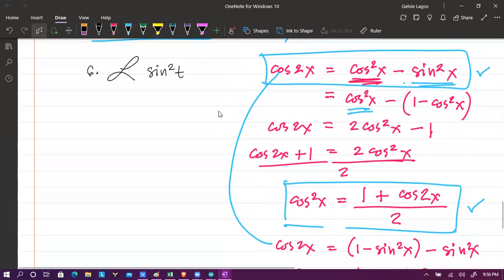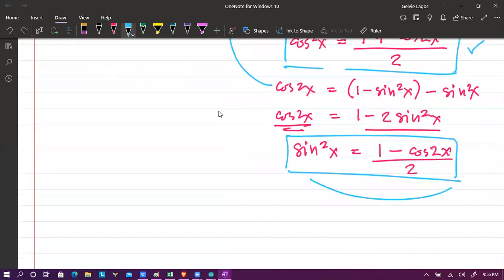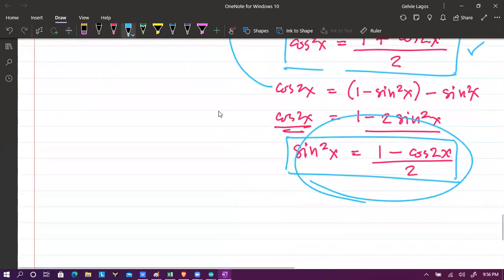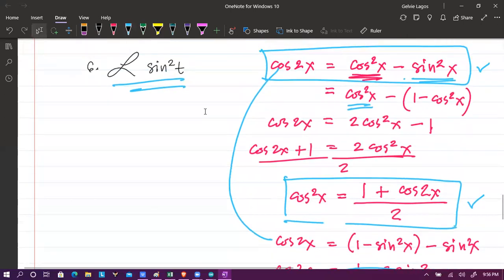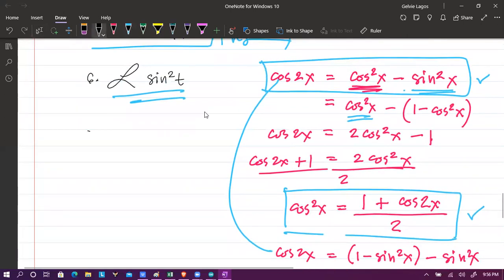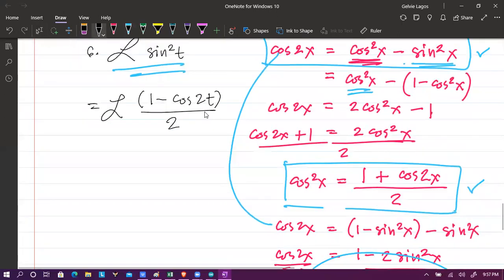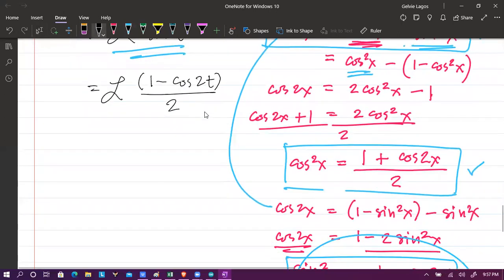So since this is the Laplace transform of sine squared t, we can use this formula. This formula means sine squared t is equivalent to 1 minus cosine 2t all over 2. Then we will take the Laplace transform of each term.